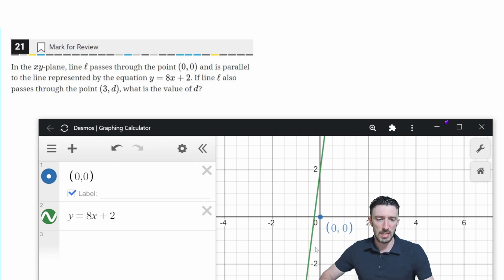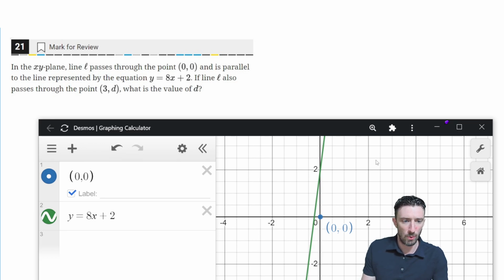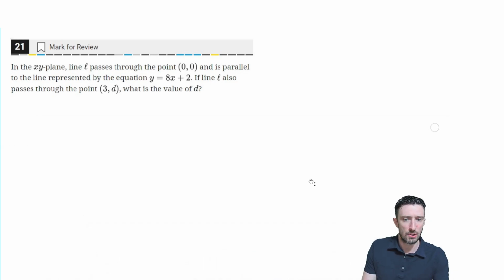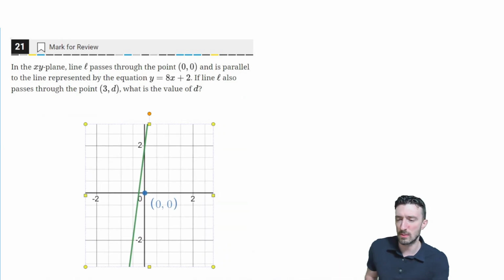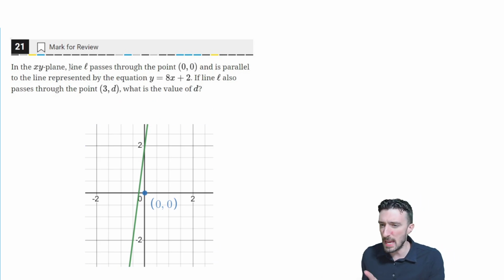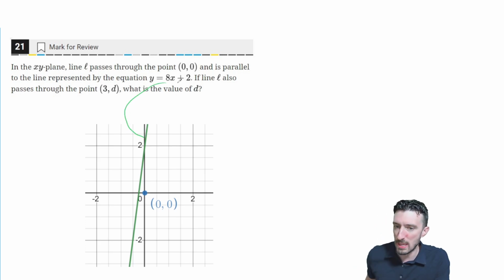But let's take a picture of what's going on right now and try to figure out how to make sense of what they're talking about. They said in the xy-plane, line L passes through the point (0, 0) and is parallel to this other one. So the one I have in green is y equals 8x plus 2.